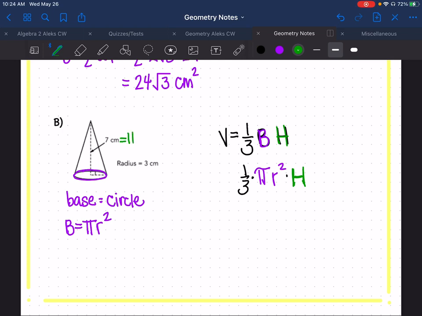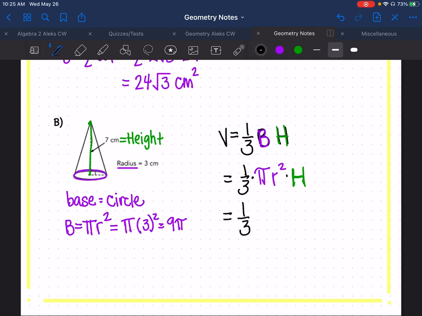This right here would be my height, because it's going from the vertex at the top down to the center of your cone. Here is my radius. So either way, I could put it in either way. It doesn't matter.